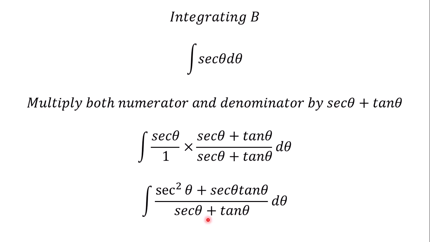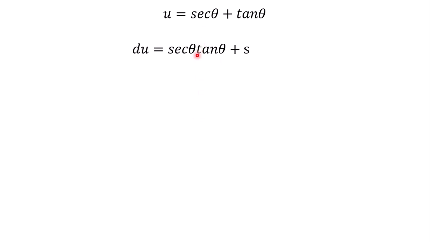So here you're going to do substitution. You're going to let u be equal to this one, that is secant theta plus tan theta. Then we differentiate. So let's differentiate. du is equal to, when you differentiate this, you're going to get secant theta tan theta, and when you differentiate this, you're going to get secant theta squared d theta.